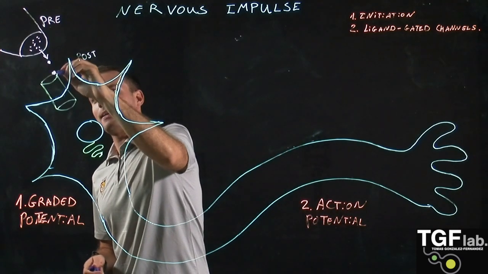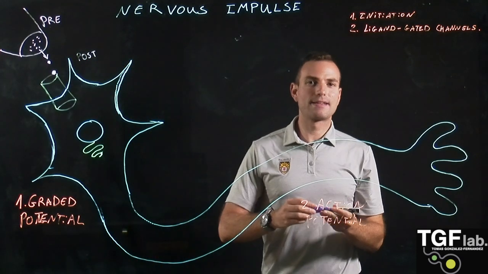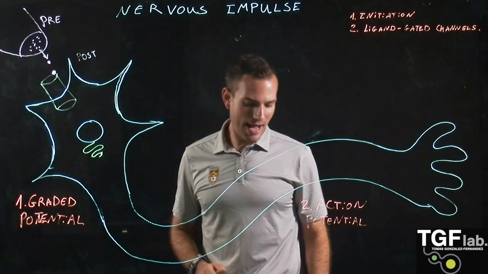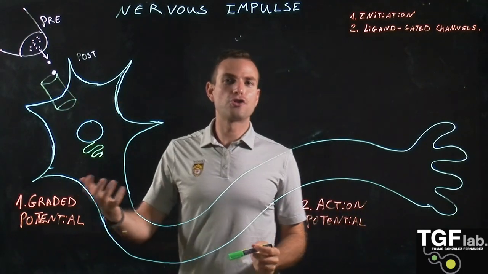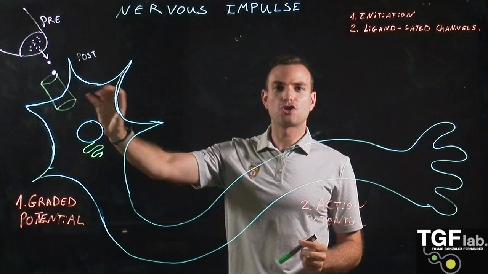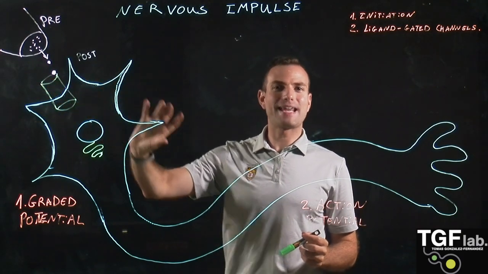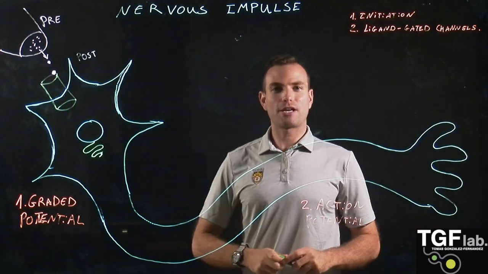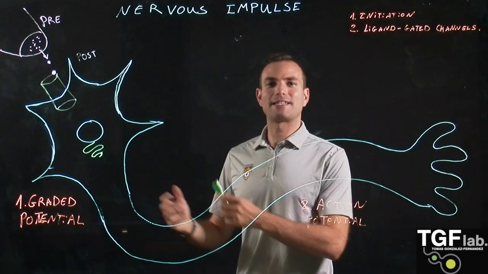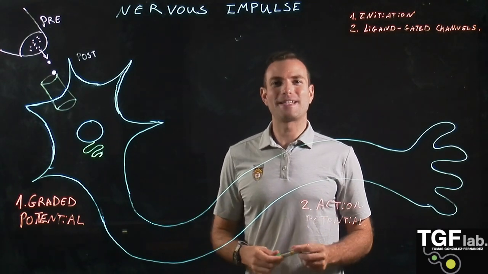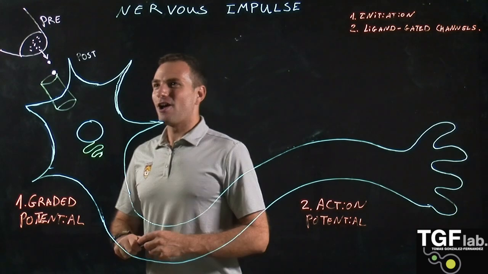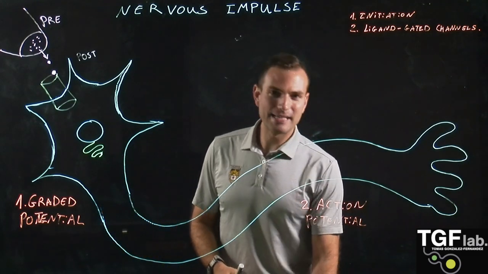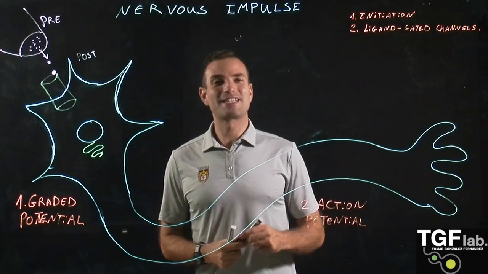This binding is going to activate these ligand-gated ion channels, and they are going to allow for the exchange of ions between the extracellular space and the intracellular space according to the concentration gradient, as we have seen in the previous video, which was the membrane potential. And this takes us to another characteristic of the graded potential.